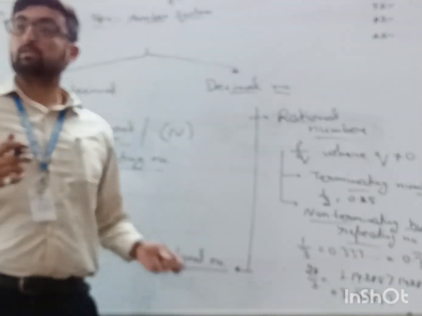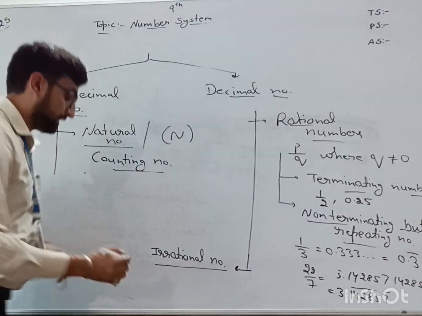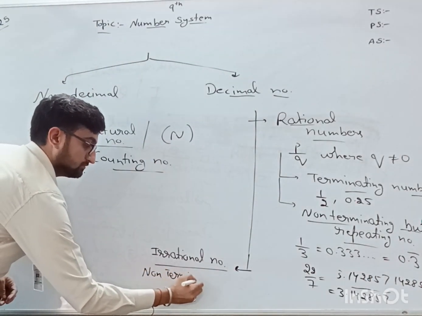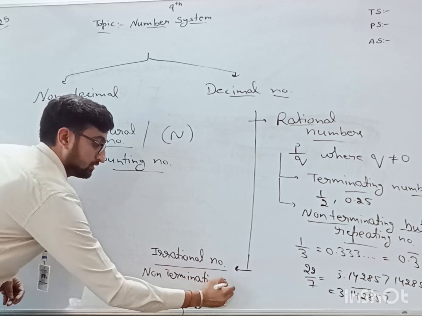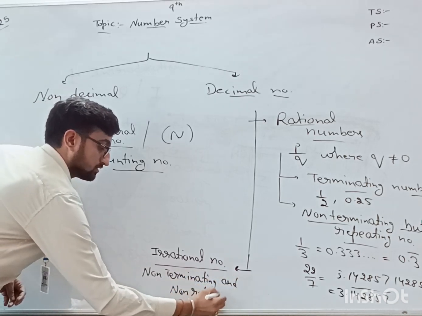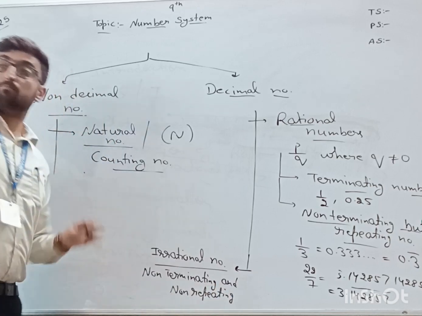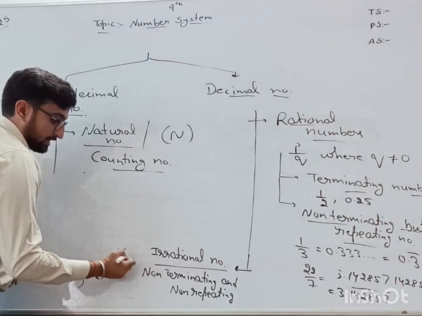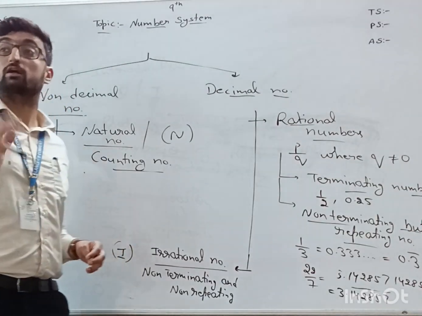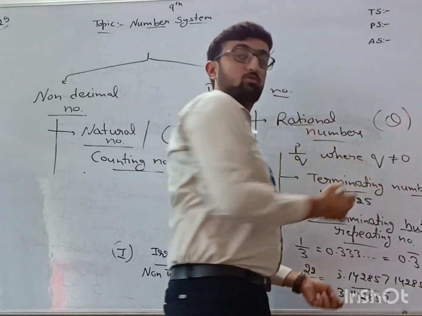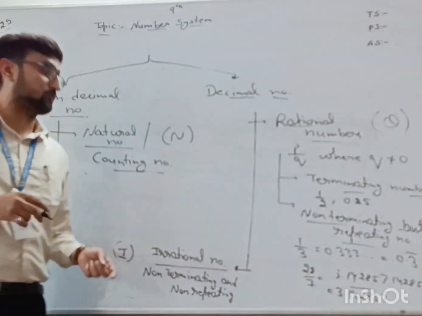Those numbers which are non-terminating and non-repeating. Such numbers are known as irrational numbers. Irrational numbers are denoted by capital I or capital T, whereas rational numbers are denoted by capital Q. These are the symbols for these types of numbers.